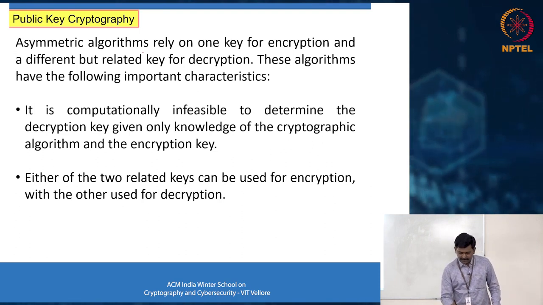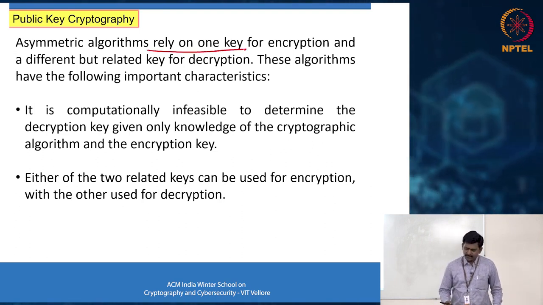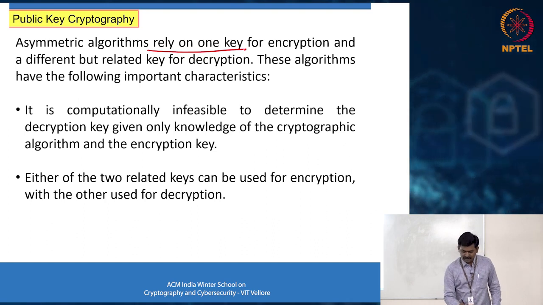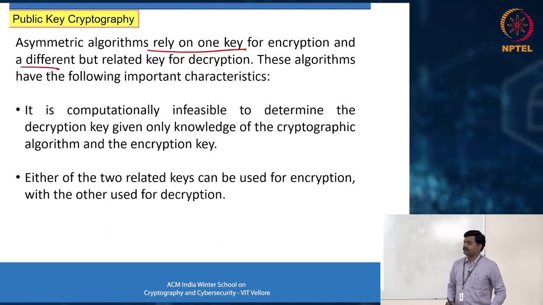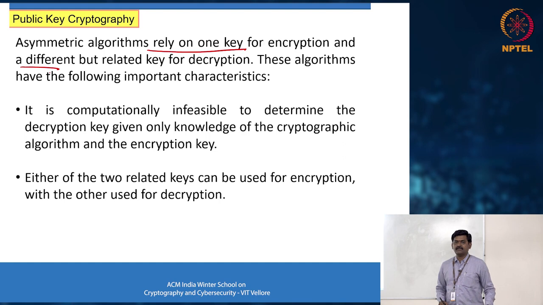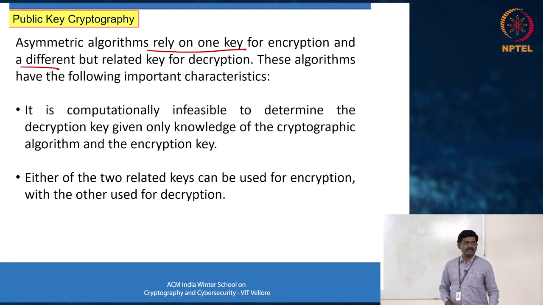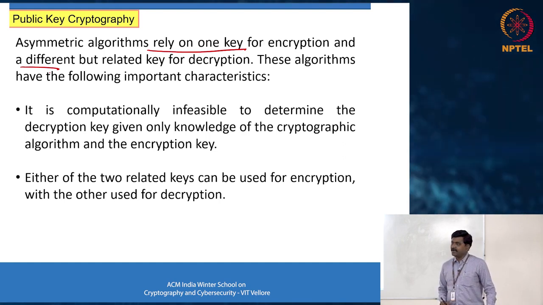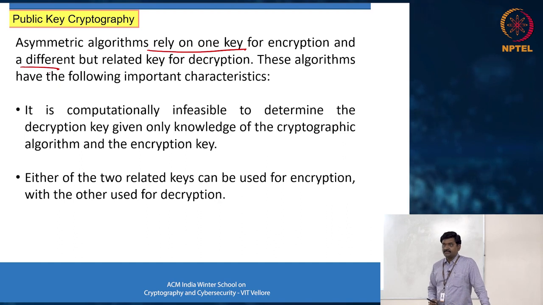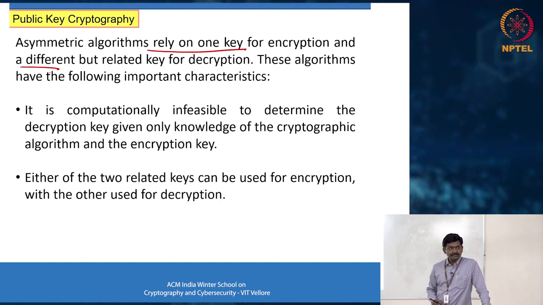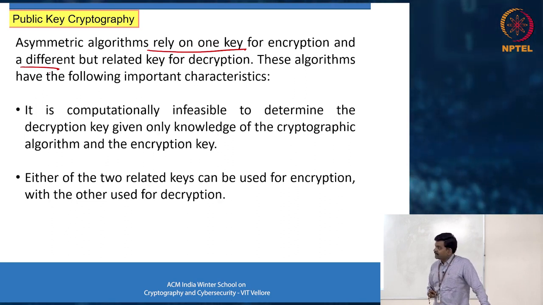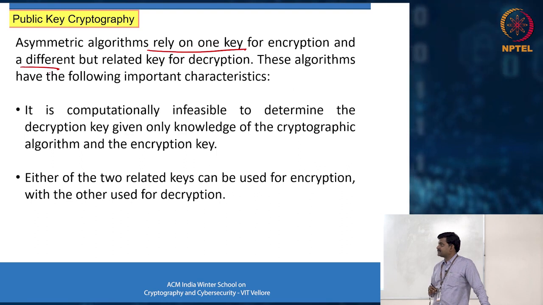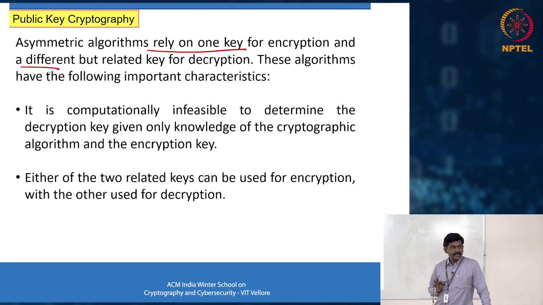So asymmetric algorithms rely on one key for encryption and a different key for decryption. PUA and PRA should be different. When I say different, should they be related or not related? If they are not related, how will you be able to perform encryption and then decryption?